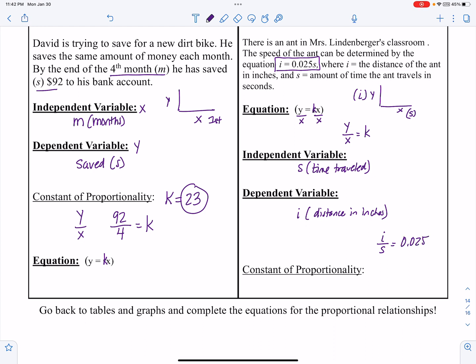So if you recognize that equation, you didn't even have to do anything. And so our K in this case is 0.025. So this is our constant of proportionality, meaning that's what you would multiply times x to get y's.